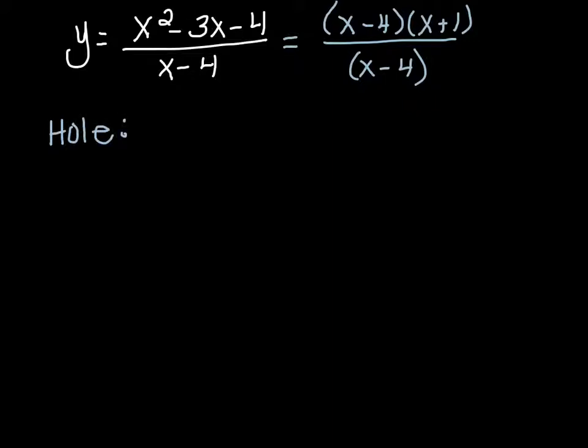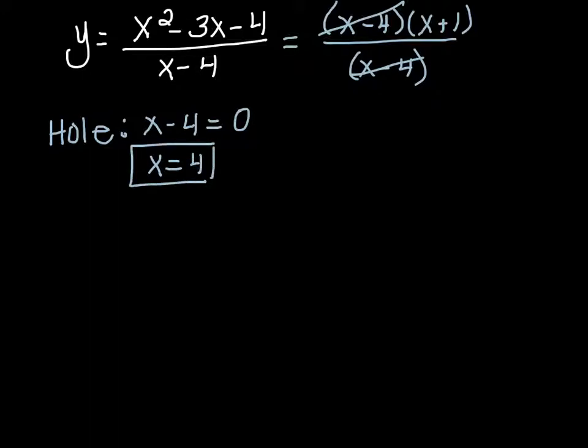The factor x minus 4 is a hole, which means I take that factor, set it equal to 0, and the hole in this graph happens at x equals 4. Vertical asymptotes: I look for the remaining factors in the denominator, and since I don't have any, I have no vertical asymptotes.